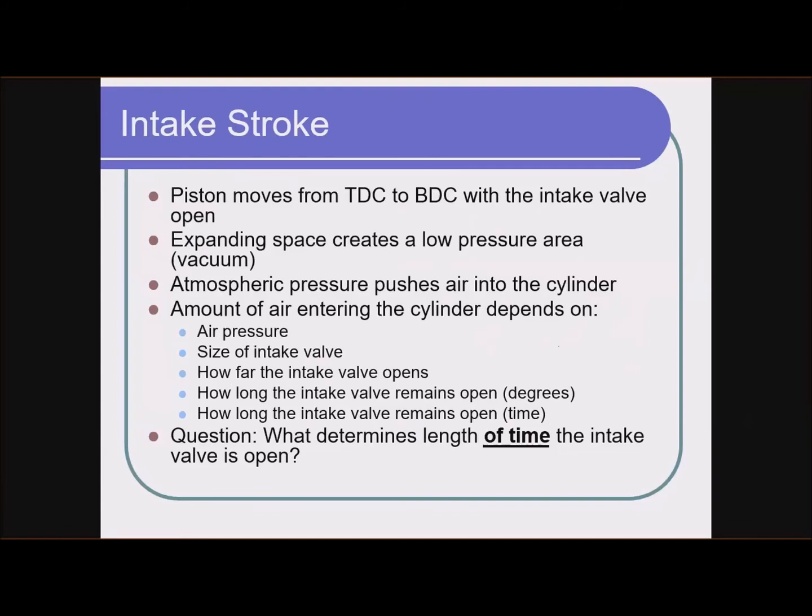So here's when an engine will breathe the best, right? And this is a kind of oversimplified statement, but it's when the engine is moving relatively slow and the throttle is wide open. So you have very little restriction on the incoming air, and you also have a lot of time for the air to flow in.